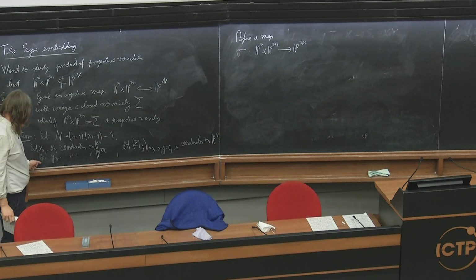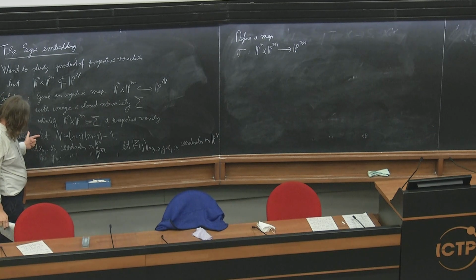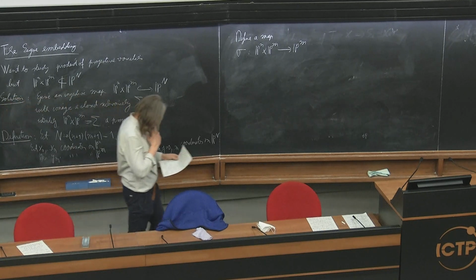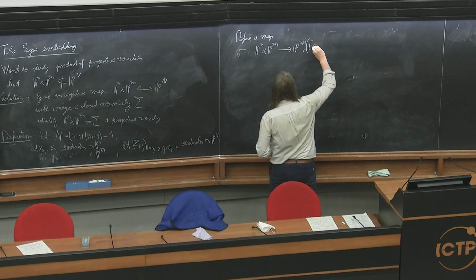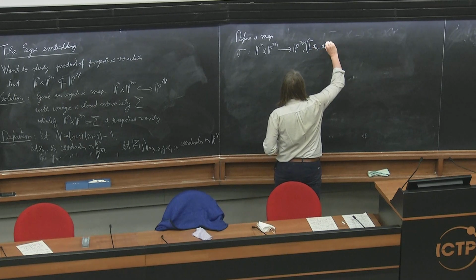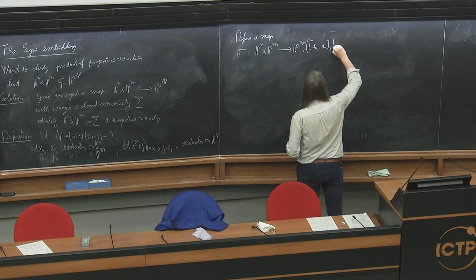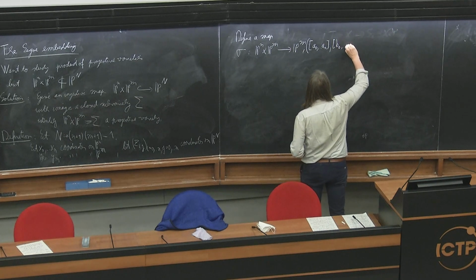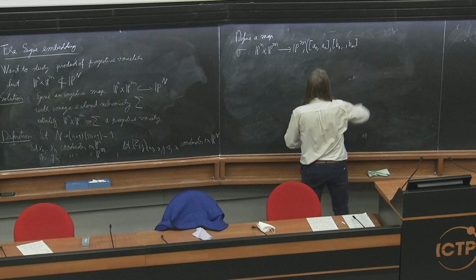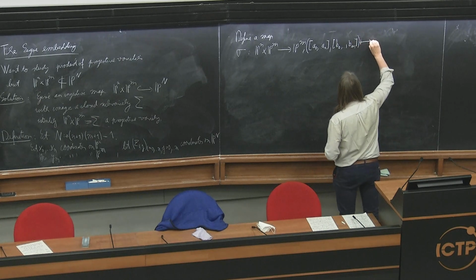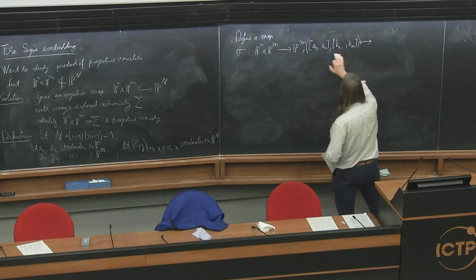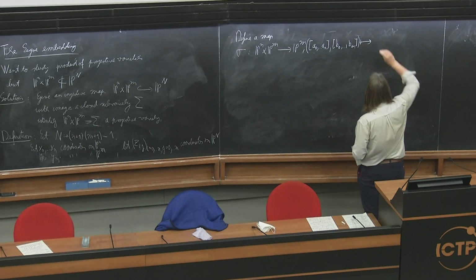So what we can do is we just take all the products of one coordinate here and one coordinate here. So what I mean is, if I have the point A0 to An in Pn and the point B0 to Bm in Pm, I just send it to all products of the coordinates of these points.